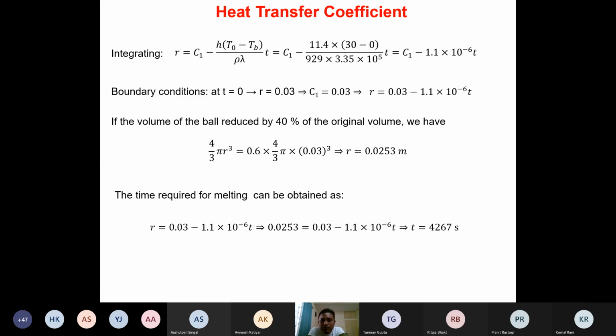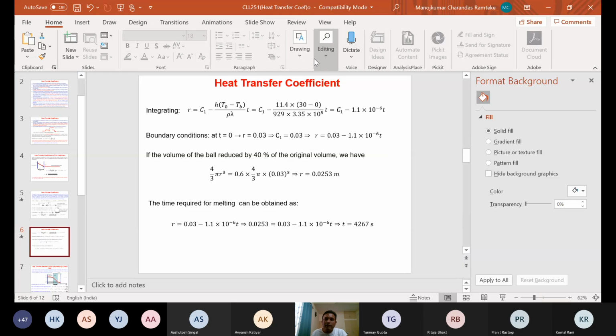Are you all getting the same? Is it correct, or some values are not correct? Correct?